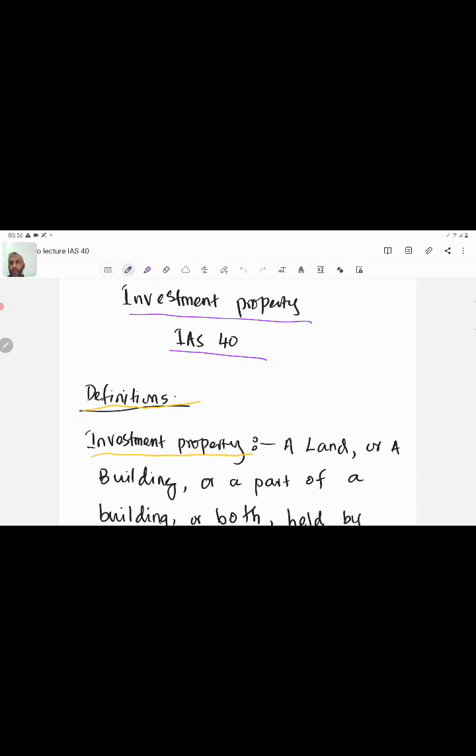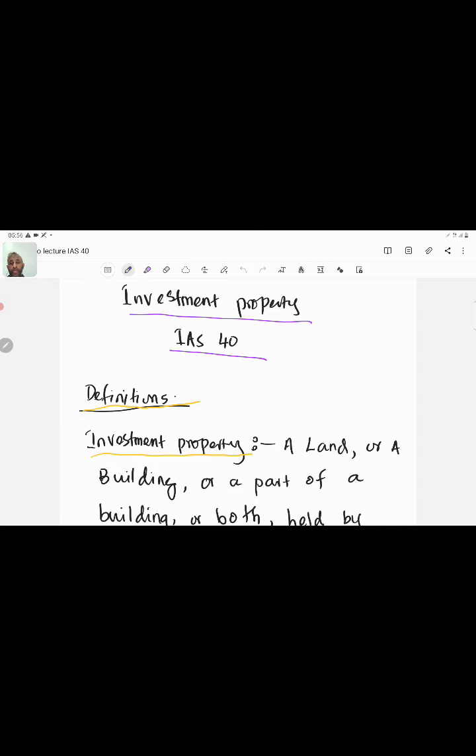Examples would be land, building, or part of a building. Suppose, for example, you have a 5-story building, and you are using 2 floors and renting out 3 floors to others, then those three floors will be investment property.